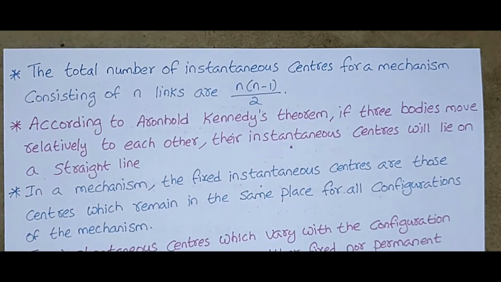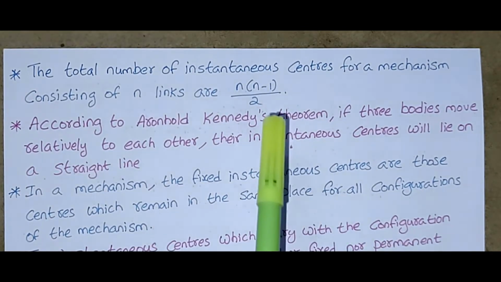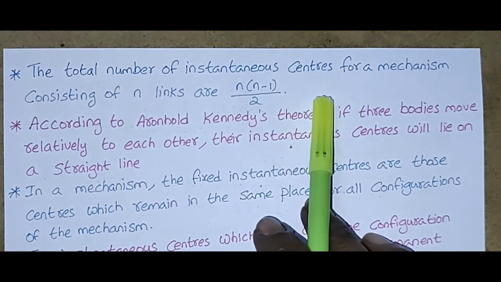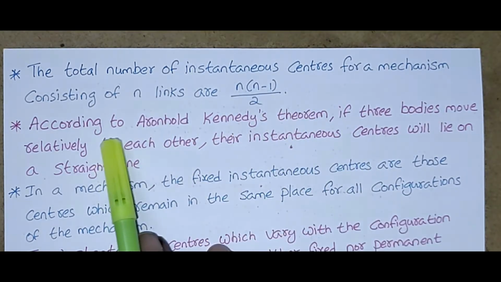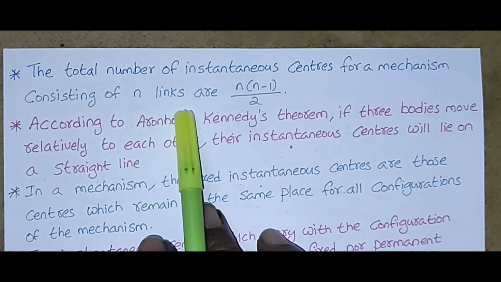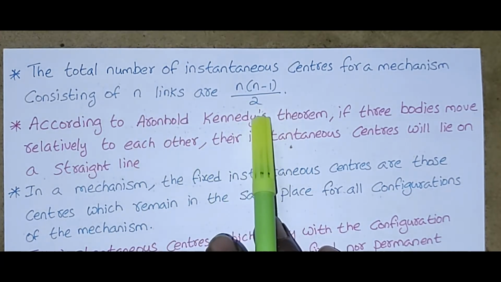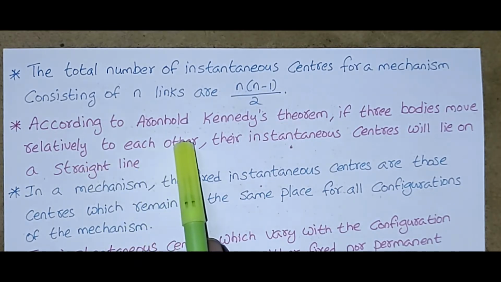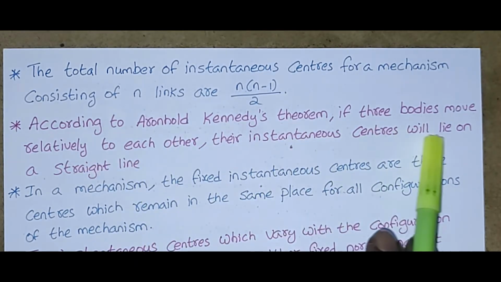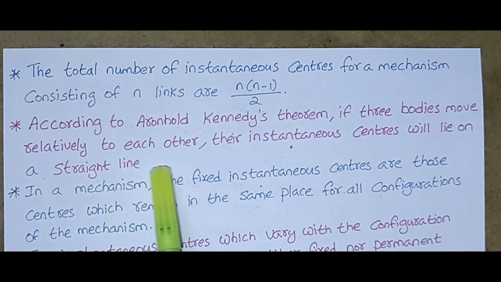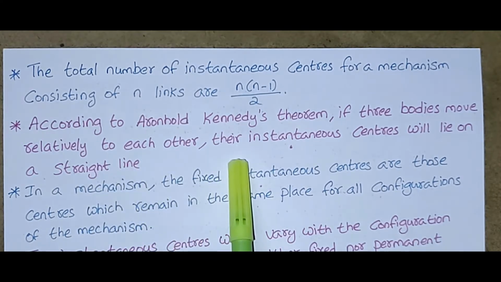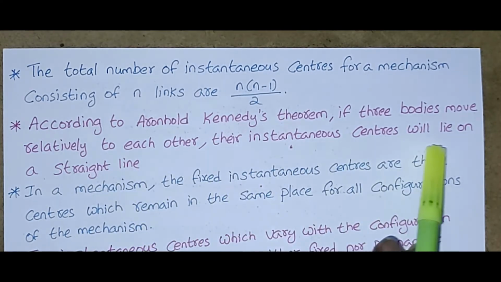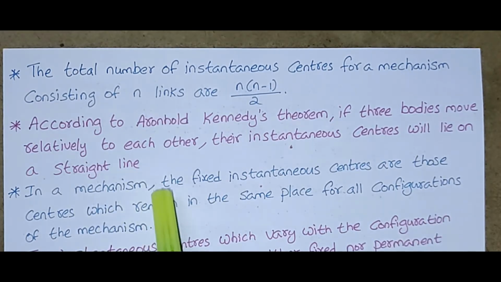The total number of instantaneous centers for a mechanism consisting of n links is n into n minus 1 by 2. According to Aronhold-Kennedy's theorem, if three bodies move relatively to each other, their instantaneous centers will lie on a straight line.